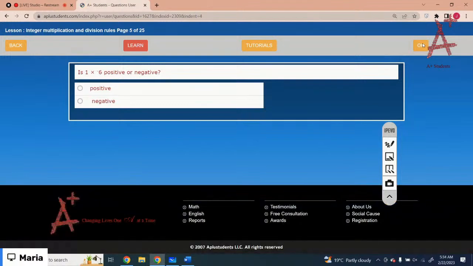Okay, the next one is 1 times negative 6. The numbers have different signs. One of them is positive and one of them is negative. So the answer must be negative. The correct option is negative.